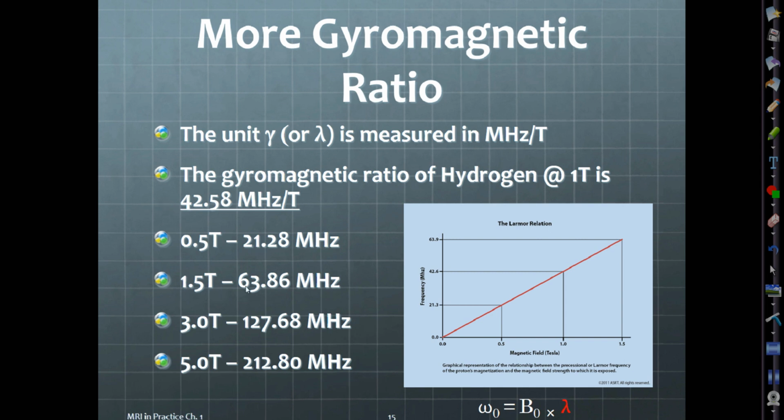But if you want to remember 63.86 or 127.68, that's important because we really just deal with 1.5 Teslas and 3 Teslas within the MRI system. Okay? So this will factor in when we talk about making sure we fat set appropriately and various other things dealing with our precessional frequency. Good.